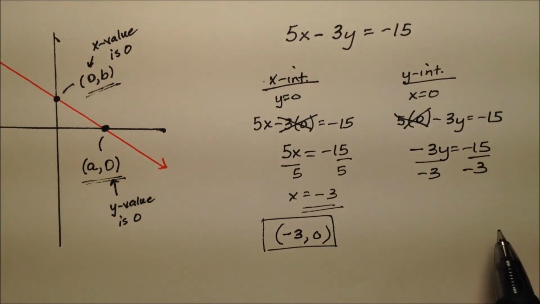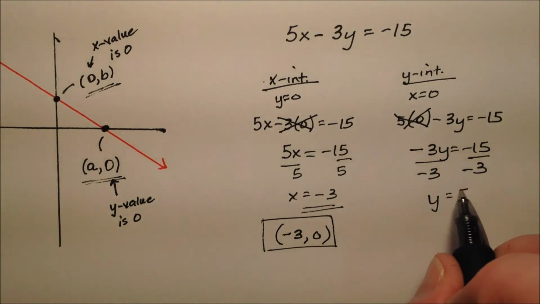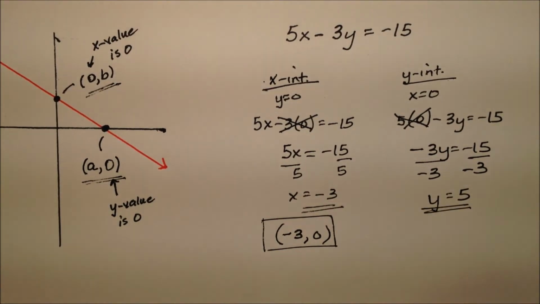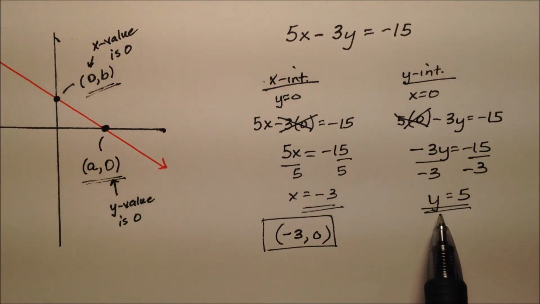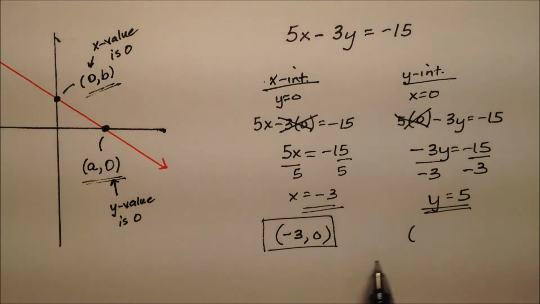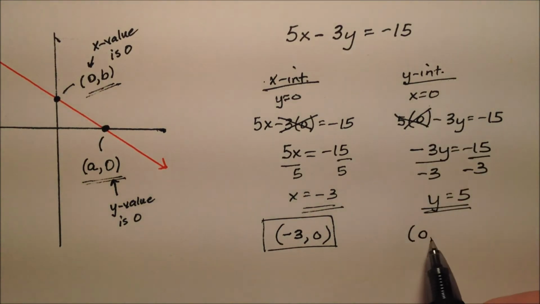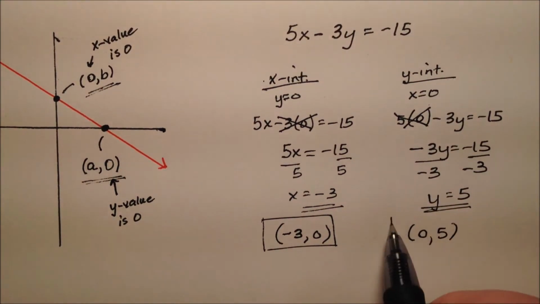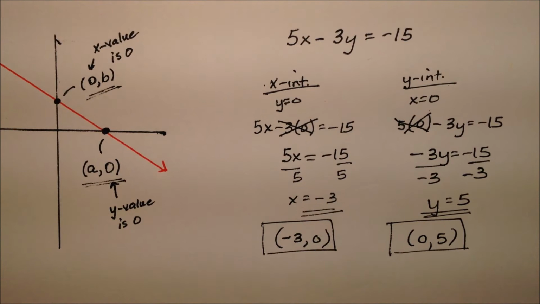So I can divide both sides by negative 3, and y equals 5. But again, this is an ordered pair, our intercept, so I'm going to write it as such, where my x value was 0, and my y value was 5. So I have two intercepts, my x-intercept and my y-intercept, from this linear equation.